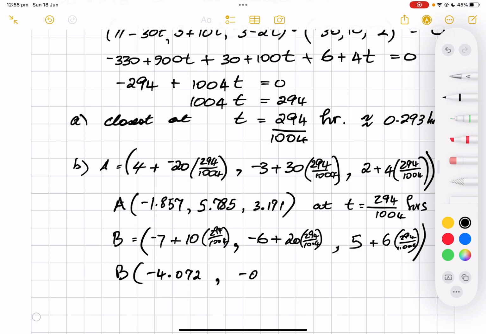That's at negative 0.143 kilometers. And 5 plus 6 times 294 over 1004. And that is at 6.7569, close enough to 7 kilometers. All right. And that's the position of A and B at time 294 over 1004.